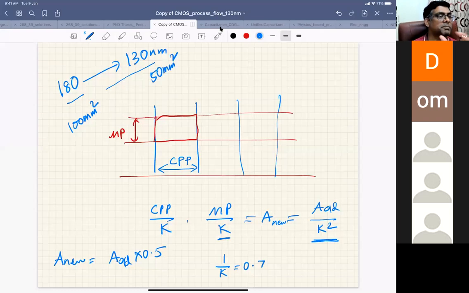This is the scaling. Scaling is nothing but reducing all the dimensions by 0.7. When I reduce all the dimensions by 0.7, the area is automatically reduced by 0.5. That means in the same area, you could have twice the number of transistors. So this is the scaling.